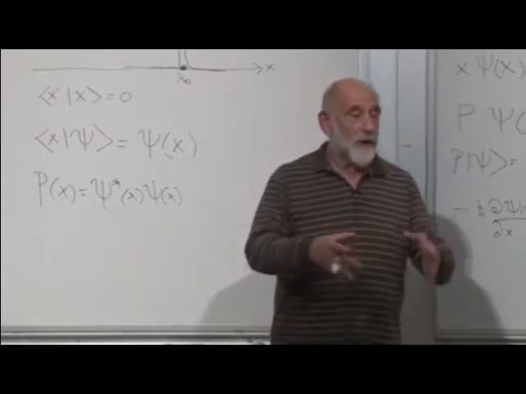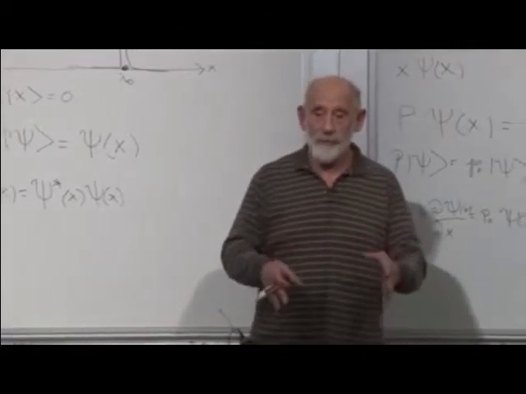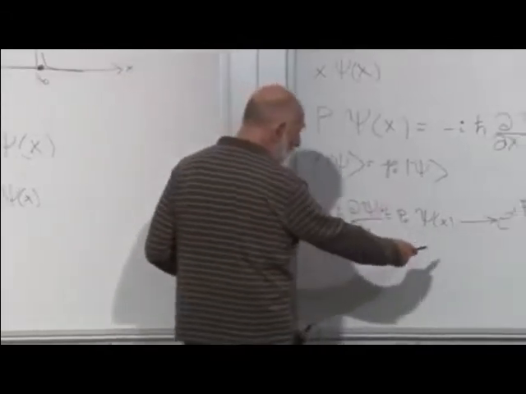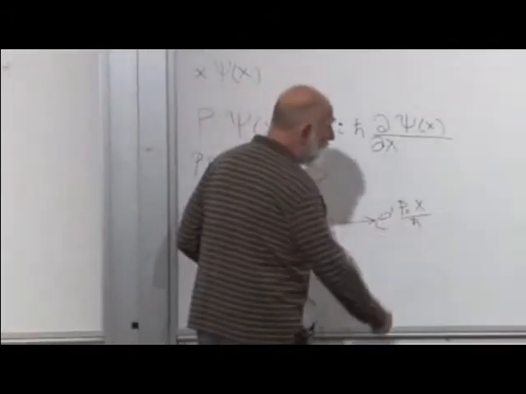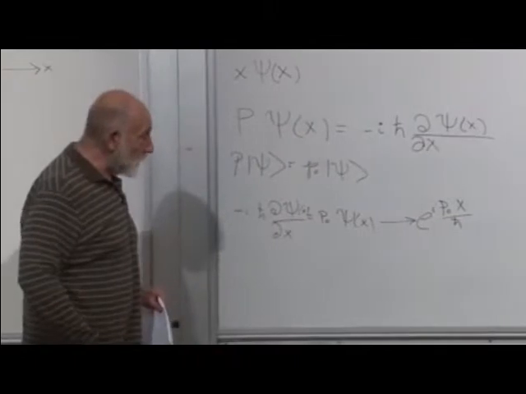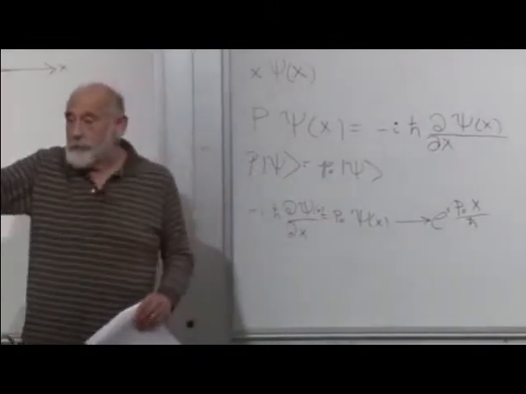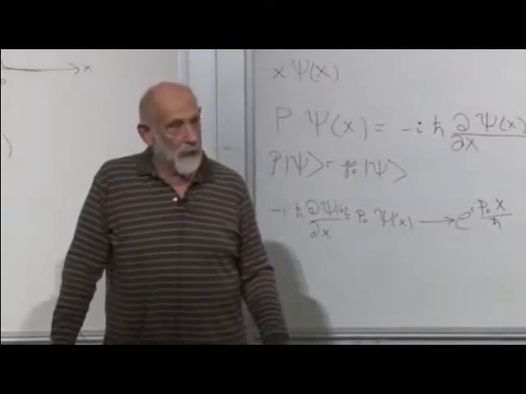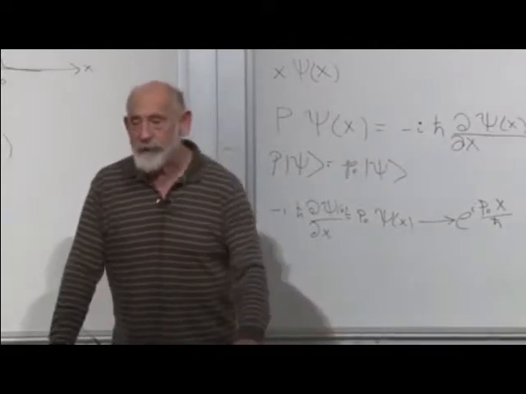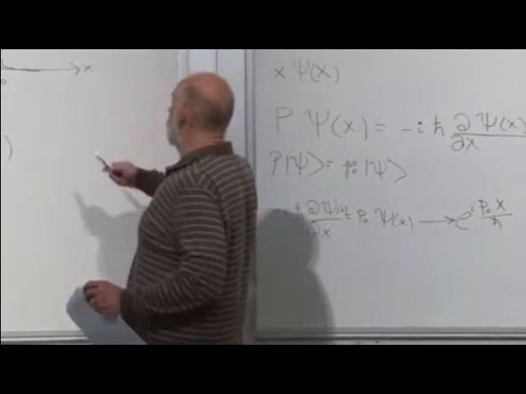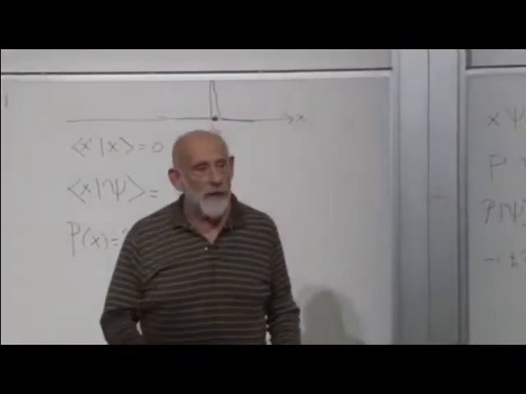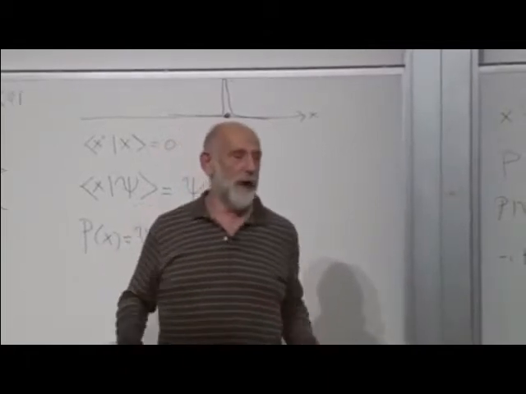E to the i something times e to the minus i something is just plain 1. So this wave function, the one which represents a particle with a definite momentum, has a probability distribution smeared out over the entire line. By complete contrast, the eigenvector of a particle located at a definite position is highly concentrated, infinitely narrow.